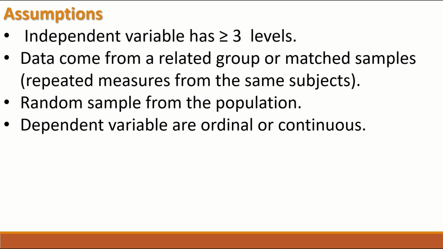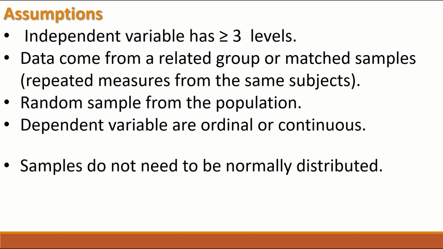An ordinal variable is a categorical variable, but there is an order in the categories, such as the 5-point Likert scales that are commonly used for surveys and questionnaires. Or the data can be on a numerical, continuous scale, but lacking normality.